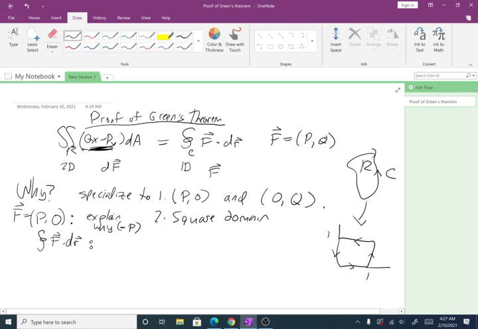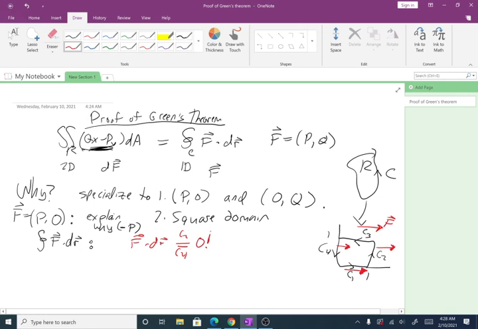So there's actually four curves, right? There's C1, C2, C3, and C4. So clearly, if I'm going to draw F in red arrow here, because F is just pointing in a horizontal direction, actually F dot dr is equal to 0 along C2 and C4.